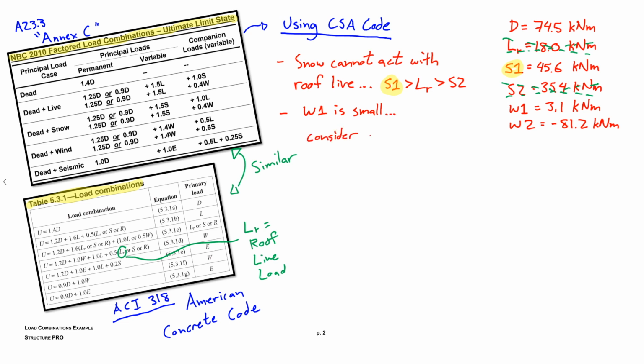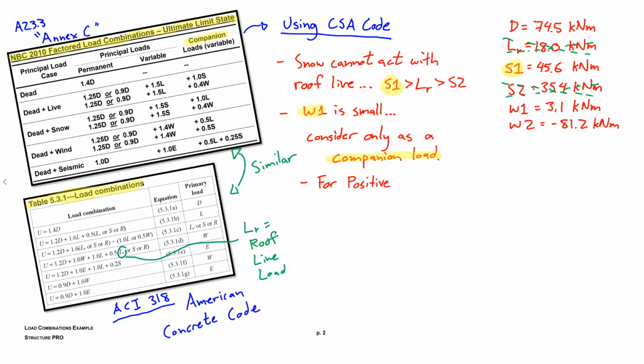Another observation is that the wind load, W1, is small, so we're going to consider it only as a companion load to S1, the other load that's producing a positive moment. We always have a principal load, which is the dead load and one other load, and then a companion load. So W1 is going to be a companion load to S1.